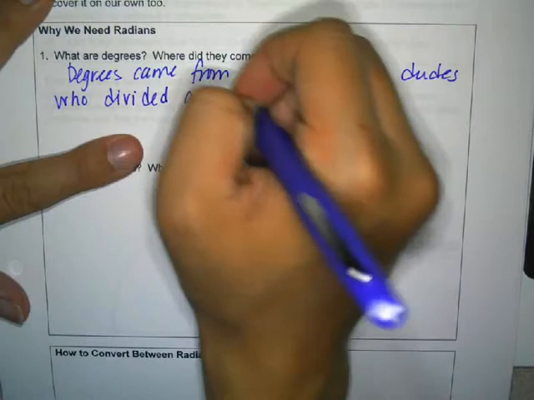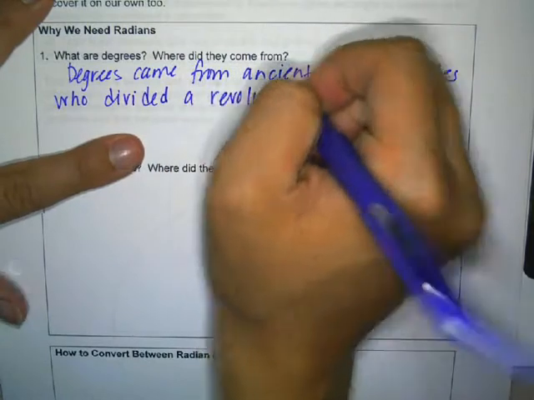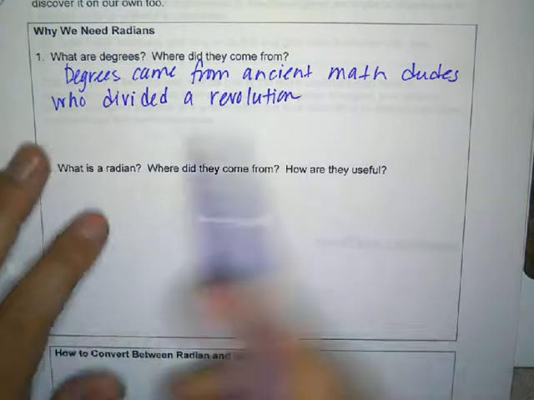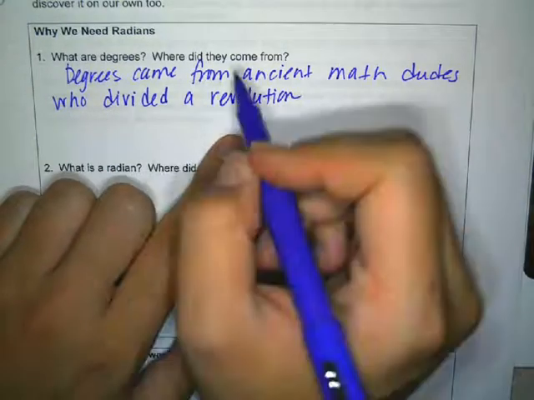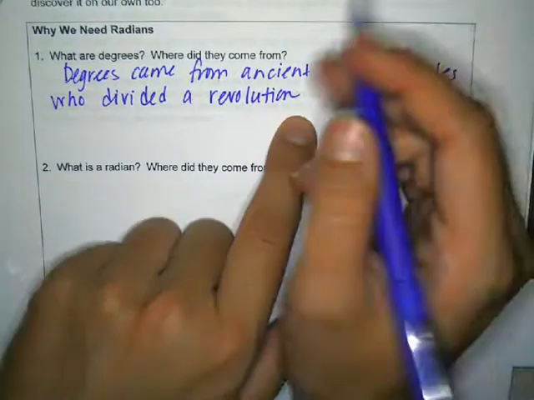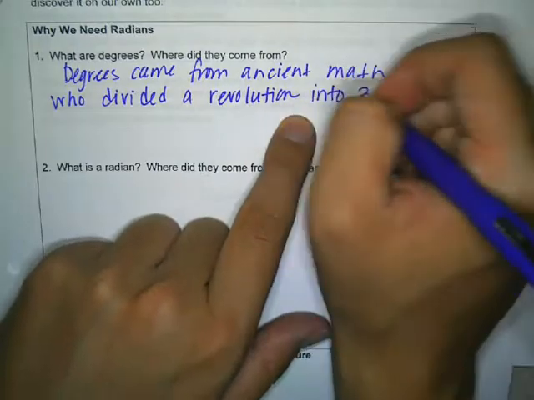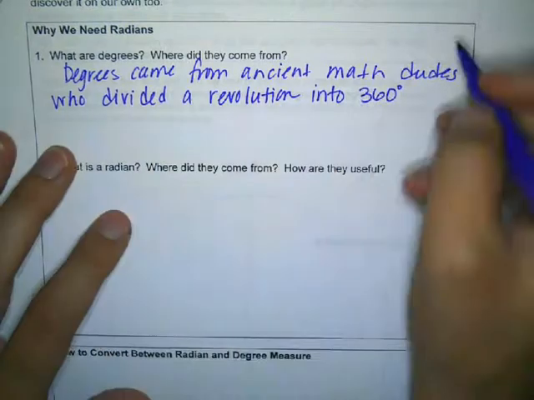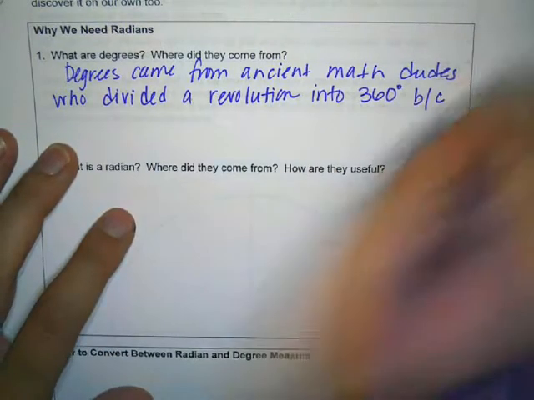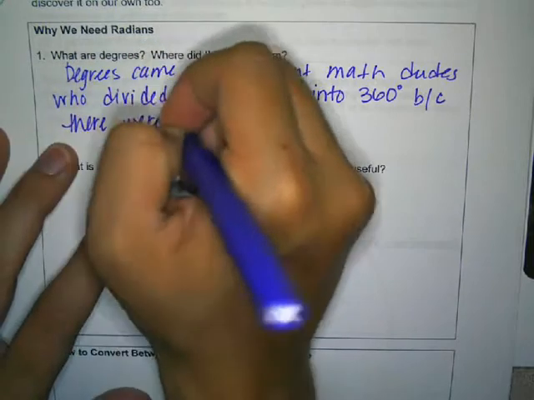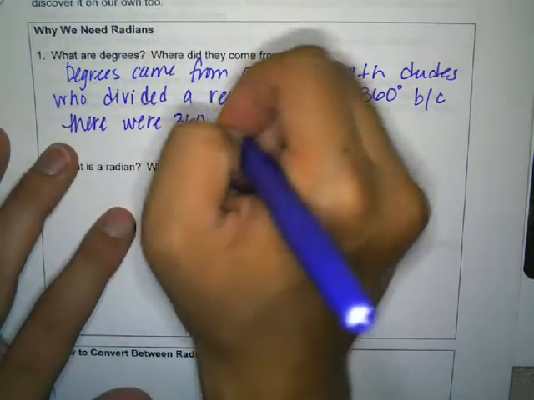Now, when I say revolution, I'm talking about, like, if you're looking at a circle, one rotation around. So they took one rotation around and divided it into 360. Now, the reason they took one rotation and divided it into 360 degrees is because in their calendar there were 360 days.